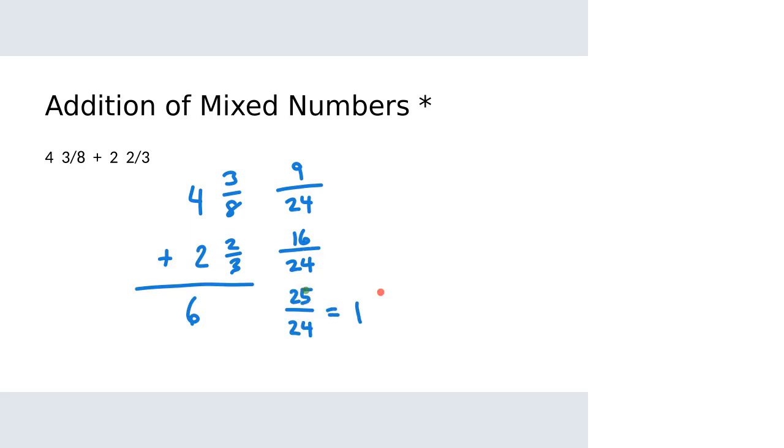So that's 1 and 1/24. And then putting it all together, I have this 6 and this 1 to make 7 and 1/24. And that's how we'll add those mixed numbers. Let me know if you have any questions about that. So far, we're just doing great with all of the mixed number and proper fraction stuff, so I'm thrilled.